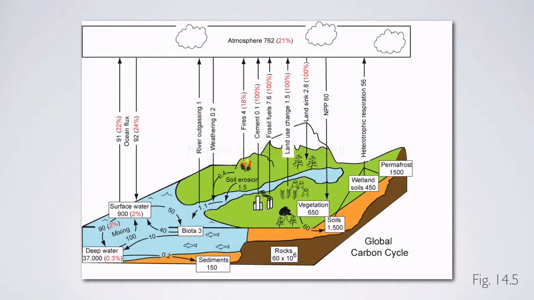What's important besides all these individual pools and all these individual fluxes is to know that humans are now significant. If you look at the things that we do relative to the other fluxes that would have been present before, fires were always a natural component, but we've changed fire frequency. If you look at just fossil fuels, for example, we're talking somewhere on the order of 8 petagrams, and compare that to the amount of NPP, for example, or heterotrophic respiration.